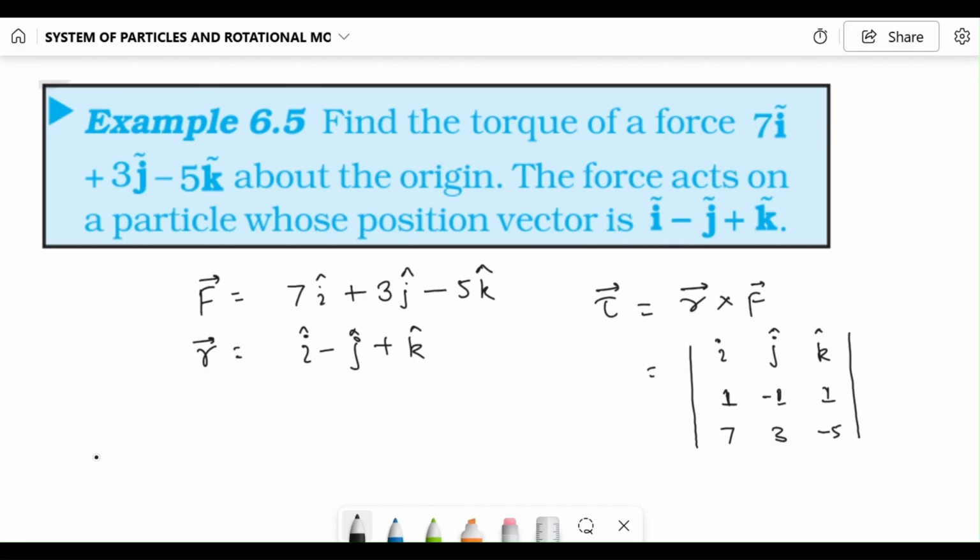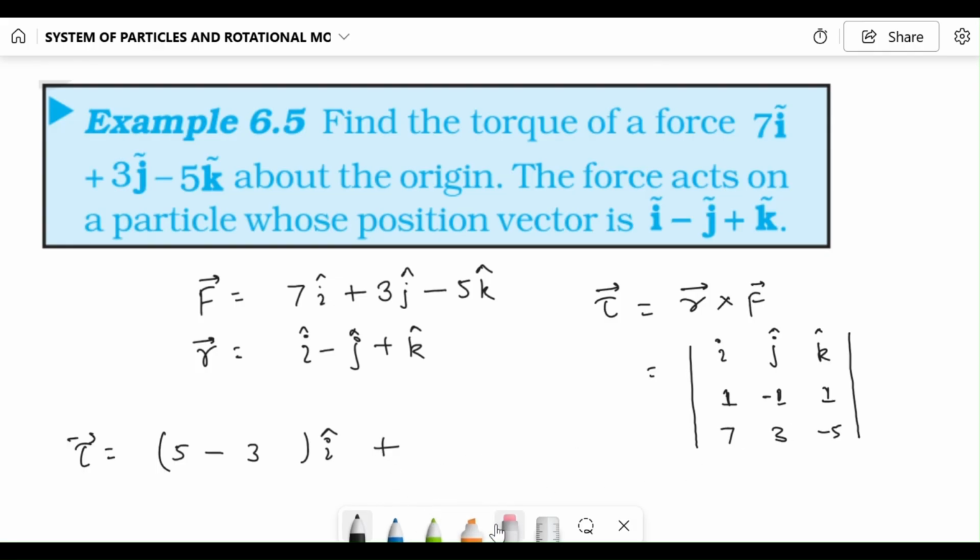So how can we do that? Torque equals, look, we have to take this thing first. So i cap, and then we have to eliminate this row and column, and this is its coefficient here. So minus 1 into minus 5 will give us 5, and then minus 3 into 1, that will be 3. Of course, for the second term we have to write minus instead of plus, or you can write minus but then you need to change the order.